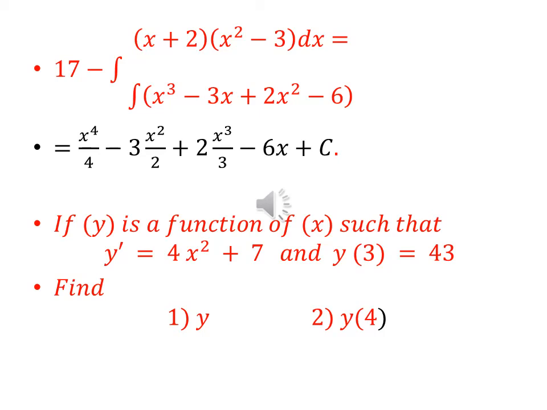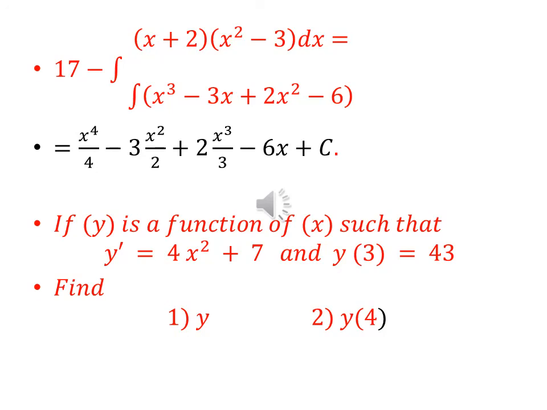First problem: y is a function f of x such that y dash equals 4x^2 plus 7, and y of 3 equals 43. Find y. To get y from its derivative, integrate y dash. The integration of 4x^2 plus 7 is 4x^3 over 3 plus 7x plus c, a constant. To find c, use the condition y at x equals 3 is 43.